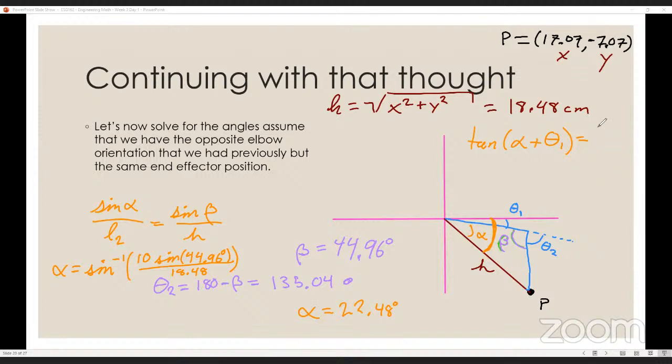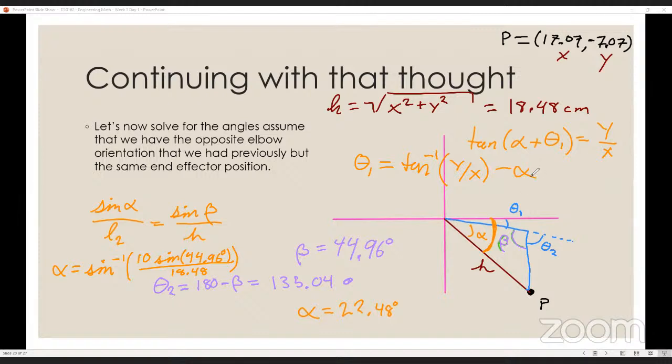So we can say that theta 1 is equal to the tan inverse of y divided by x minus alpha.